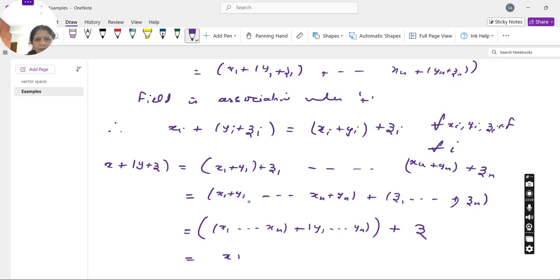So this is (x plus y) plus z. And this x, y, z belonging to F^n are arbitrary. So this implies that this n tuple of F is associative under addition.